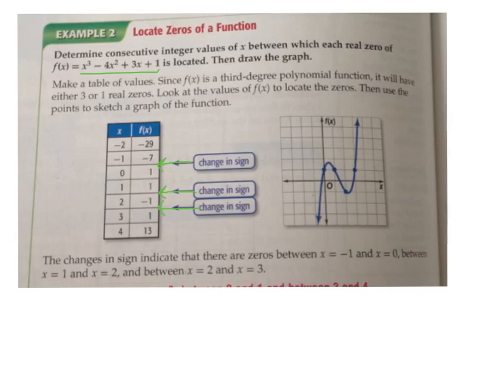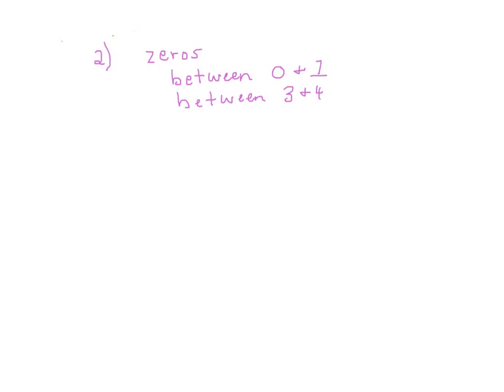Because it is third degree, it can have at most 3 real zeros. Go ahead and try the check your progress. The answers to check your progress, number 2, are that you should have found zeros between 0 and 1, and 3 and 4.